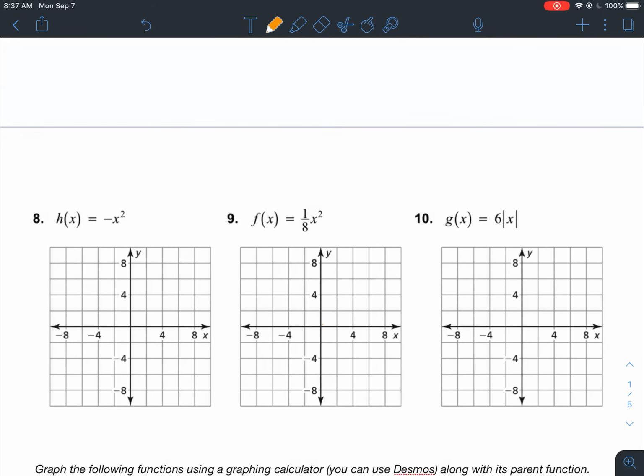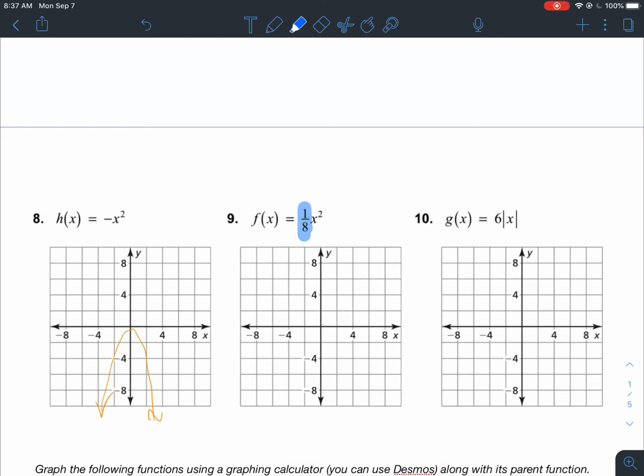And then x squared, if it's negative, that just means that it's going to be flipped, looking something like that, just really briefly. Then for number 9, you have 1 over 8 x squared. This 1 over 8 means that you're going to have a vertical shrink, and we'll cover what those are in just a little bit.